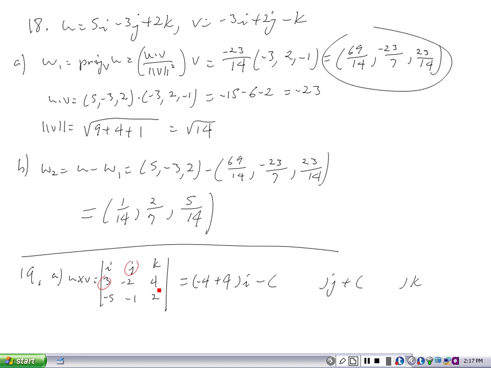So it becomes 3 times 2, we get 6, minus 4 times the negative 5, that's plus 20. Then for the kth position, delete its row and column. So we get negative 3 minus 10. And this cross product gives us negative 26j minus 13k.